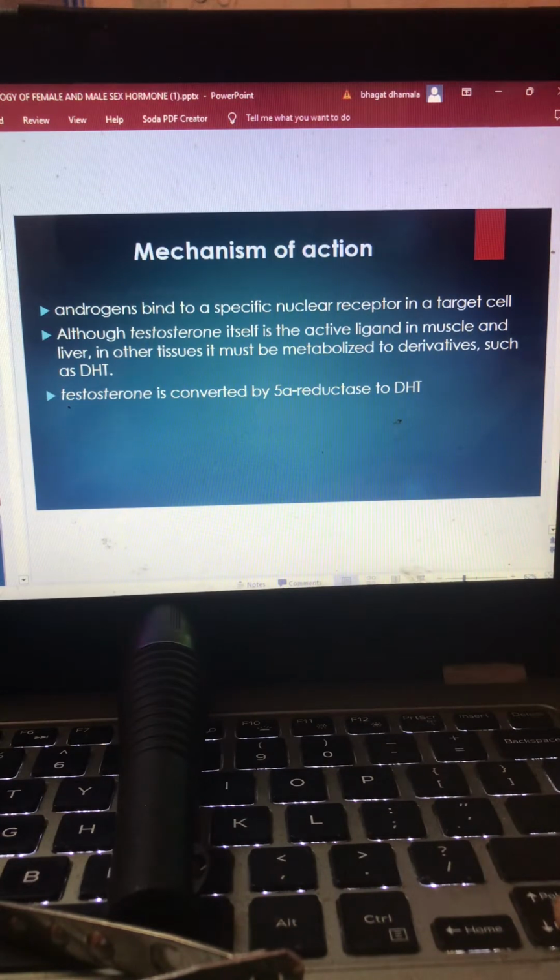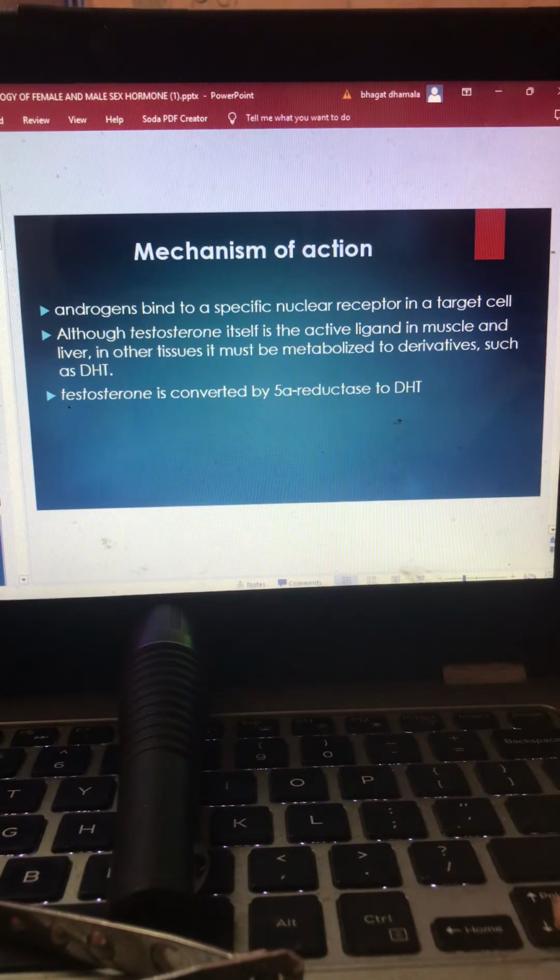So testosterone, being the active ligand, can act on the muscles and the liver easily, but it needs to be converted into dihydrotestosterone in order to be used in other tissues.